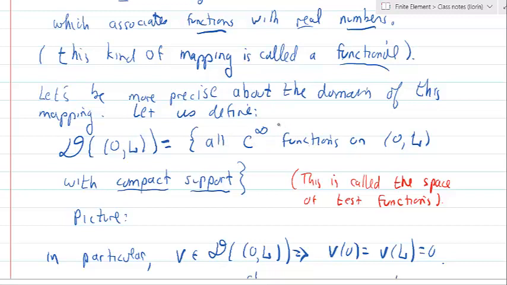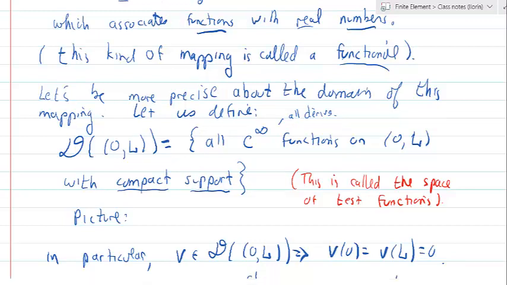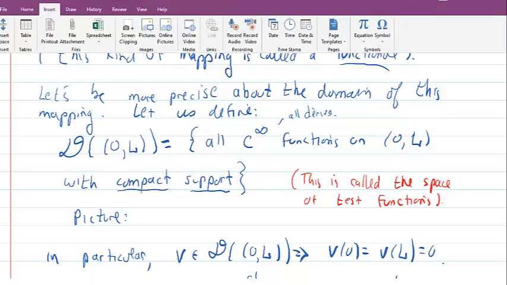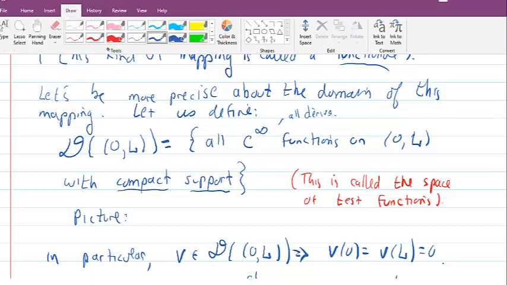C infinity means they have all derivatives. One additional property is that they have compact support. Compact support means that the function is 0 outside of a closed interval. So let me draw a picture here of a function with compact support in 0 to L.